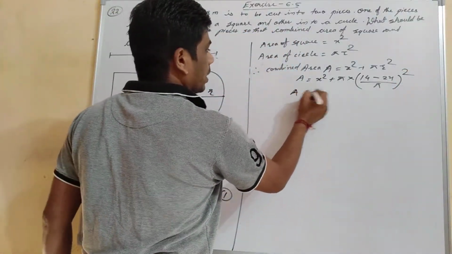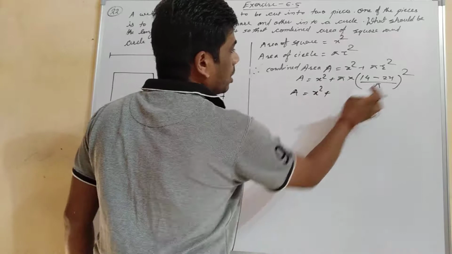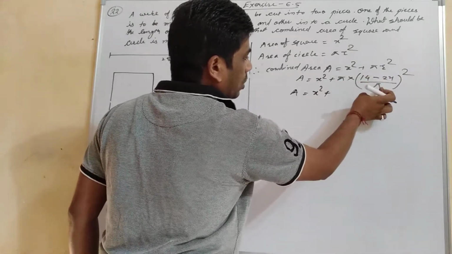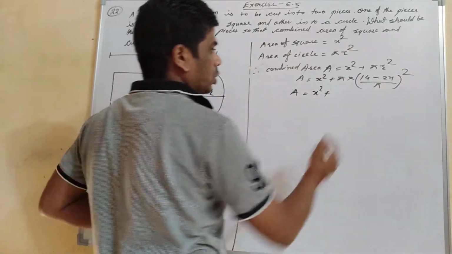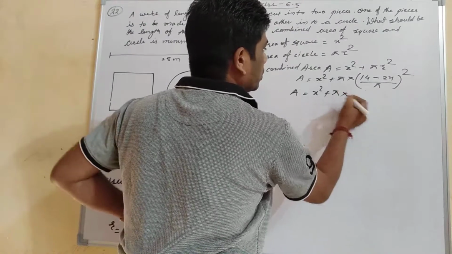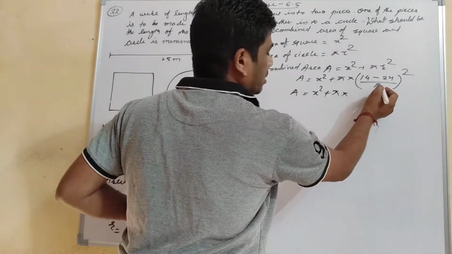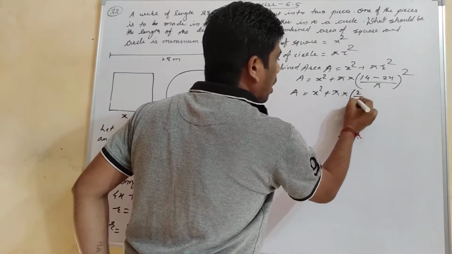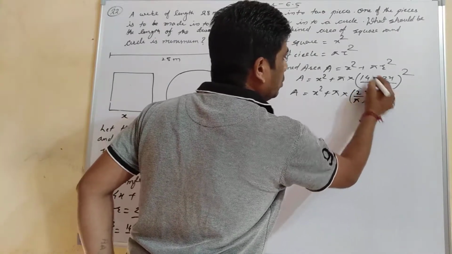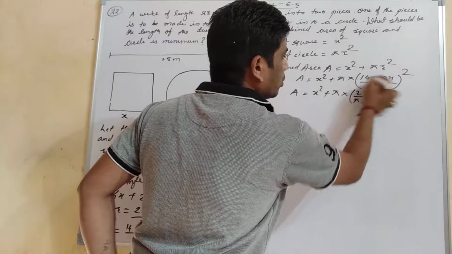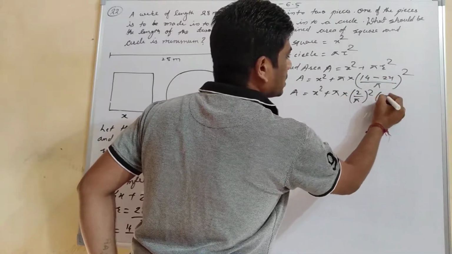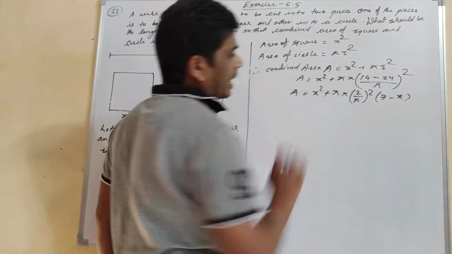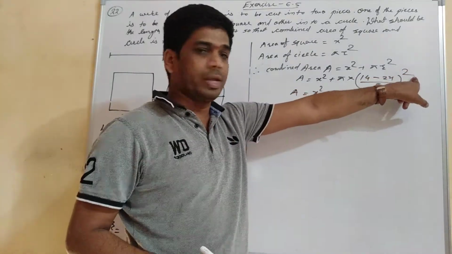So A equals x square plus pi into 2 upon pi whole square into 7 minus x whole square, taking 2 common.